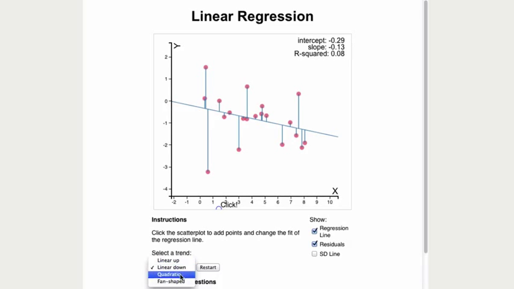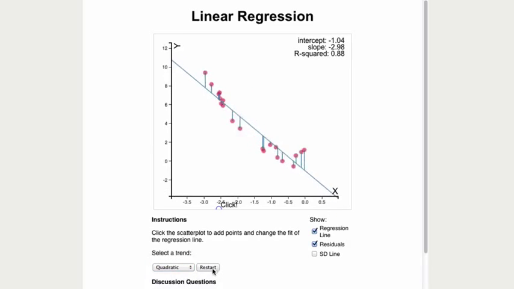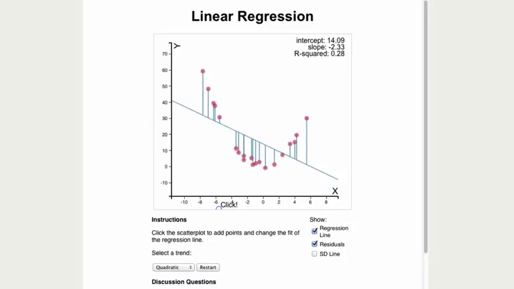For example, if we use the quadratic option here, we can get some examples of scatter plots in which the relationship between x and y is quadratic. As you can see, not only are the residuals quite large, but there's also a distinct pattern in how they're arranged.